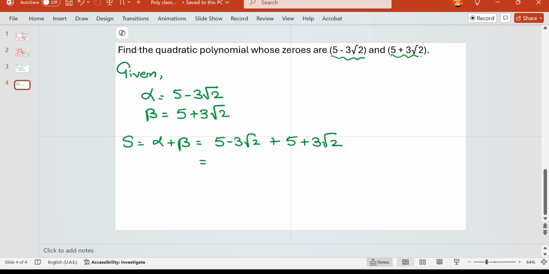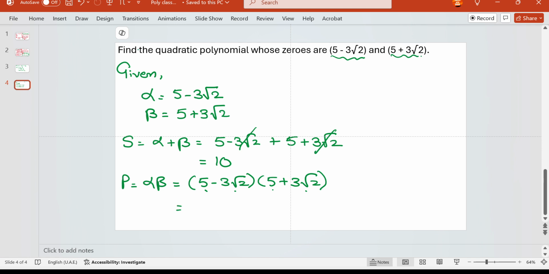You can see that 5 plus 5 is 10, and minus 3 root 2 and plus 3 root 2 get cancelled. Now product of zeros is equal to alpha beta, that is equal to (5 minus 3 root 2) multiplied by (5 plus 3 root 2). You can see that the first terms are same and second terms are same.